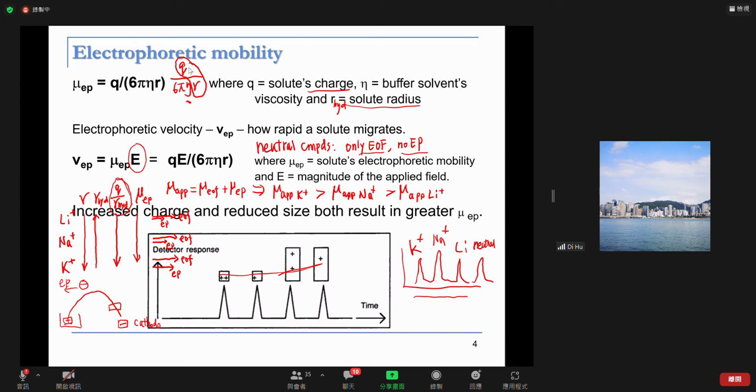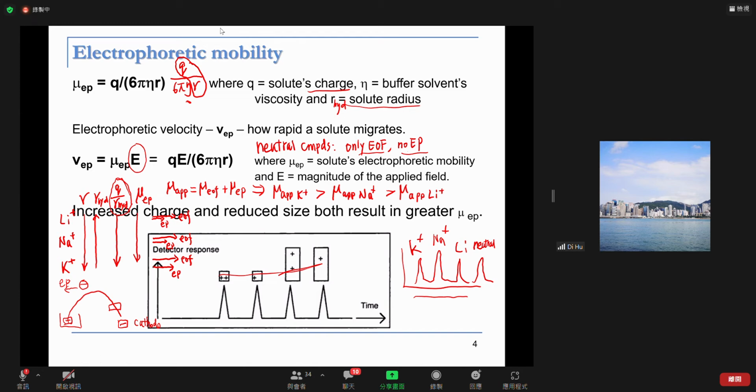So here we are not talking about any affinity to the column; we're talking about the movement in the medium. The larger charge density gives a larger acceleration speed, so it traverses faster. Understand? So you can see that the elution order of the cations is opposite to what you see in IC.